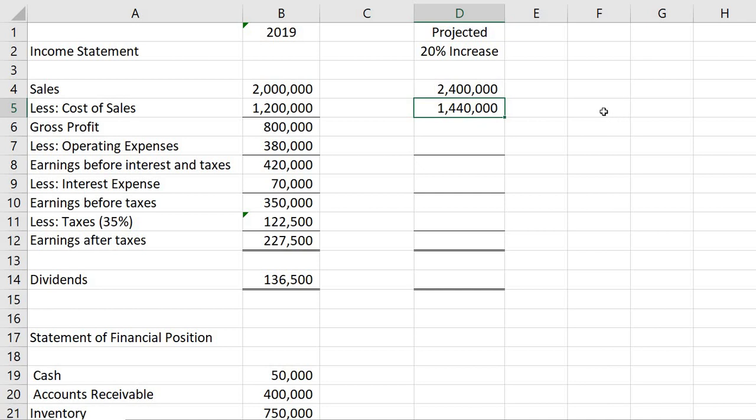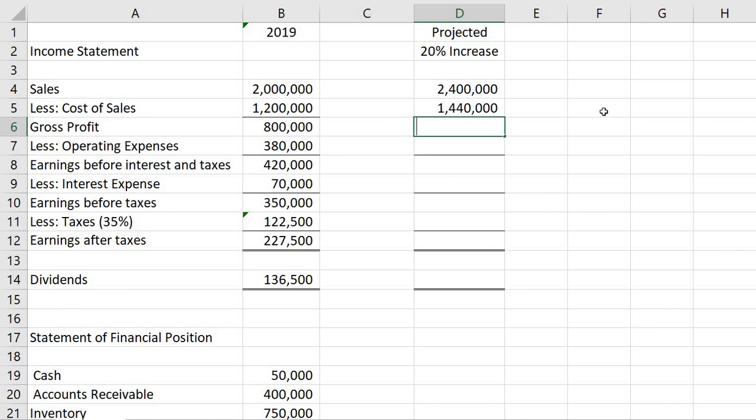If you're not comfortable with that because the process takes longer, we can multiply immediately your current cost amount, 1.2 million, by 120% or 1.2, to get your 1,440,000. So it will still arrive at the same amount, which is 1,440,000.